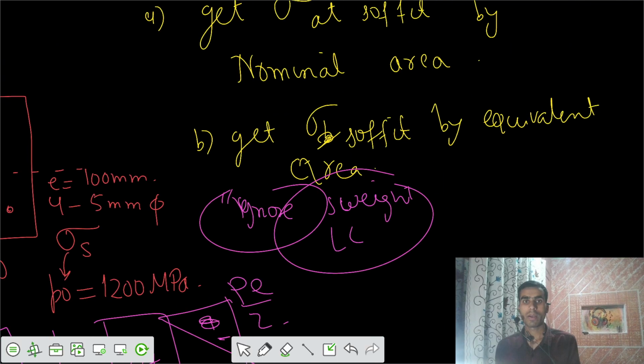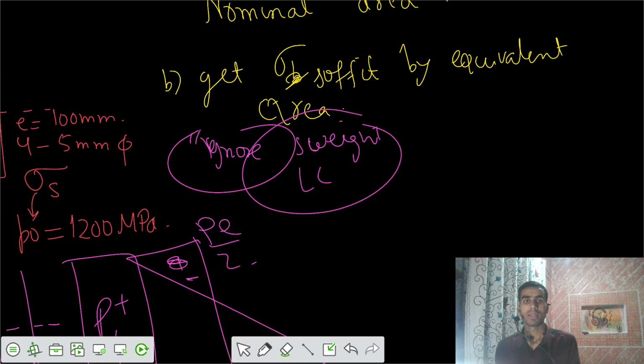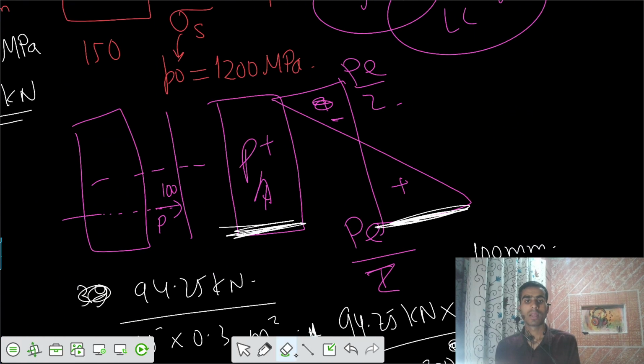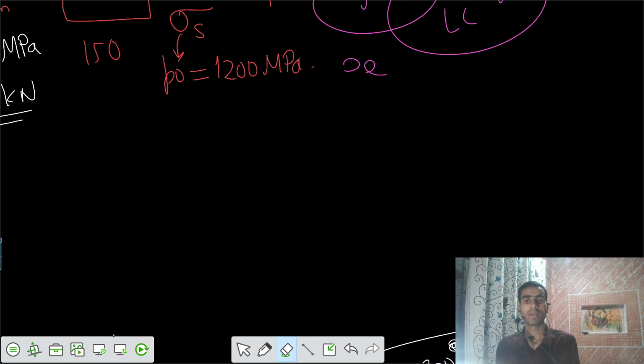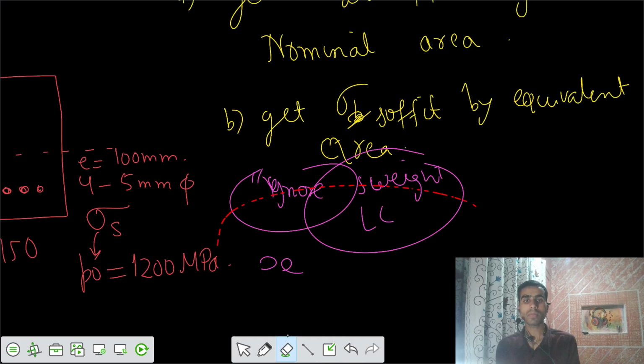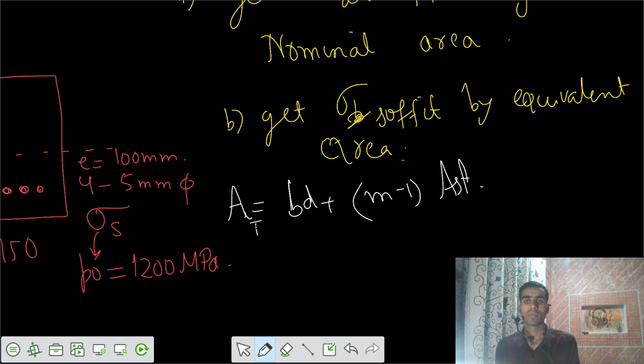And if I want to solve it by the second method, that is the equivalent area method. Let's take the equivalent area method. So I would say the total area of the section would become B times D plus m minus 1 into Ast.